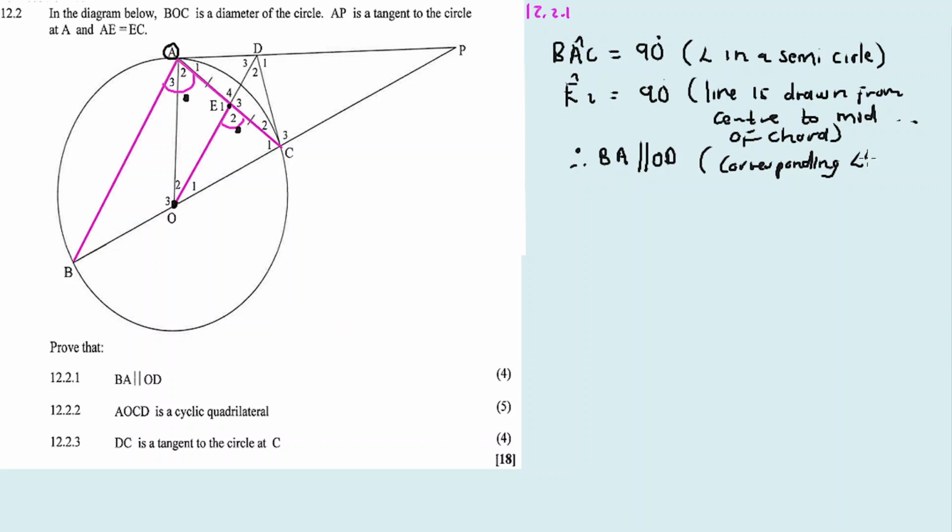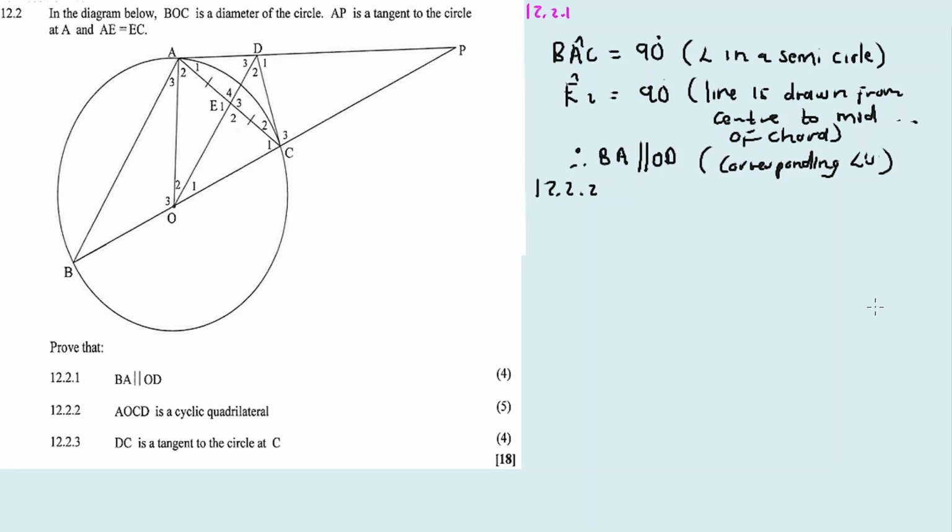So I go to 12.2.2. We need to prove that, okay, erase here, and since this was dealing with corresponding angles, let's move on to the next one.